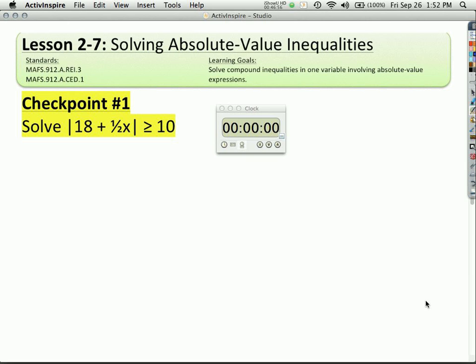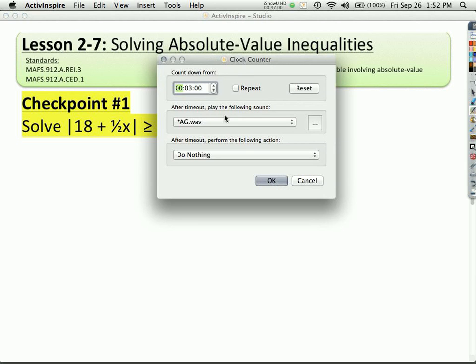You got 1 minute to team talk. See how your answer compares with your teammates. Go.